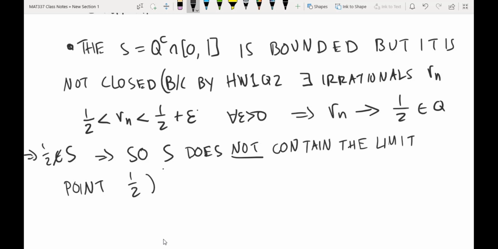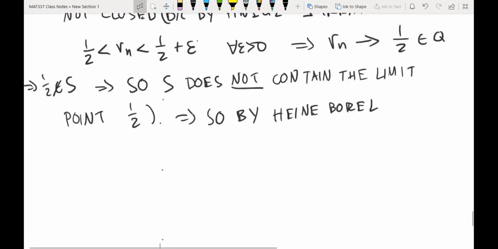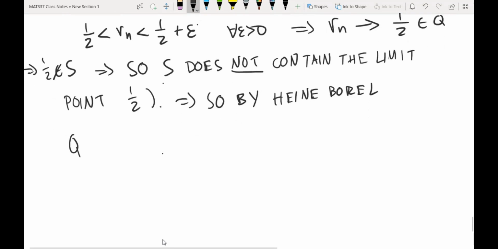Okay. So by Heine-Borel, Q complement [0,1] is not compact.